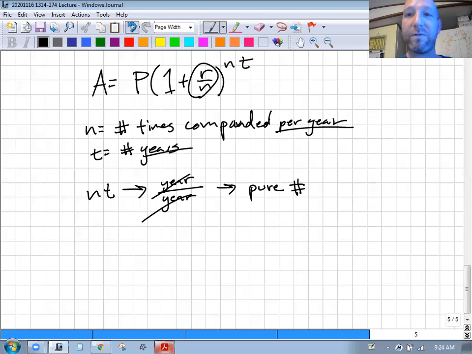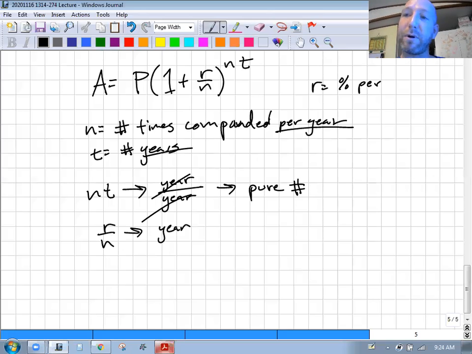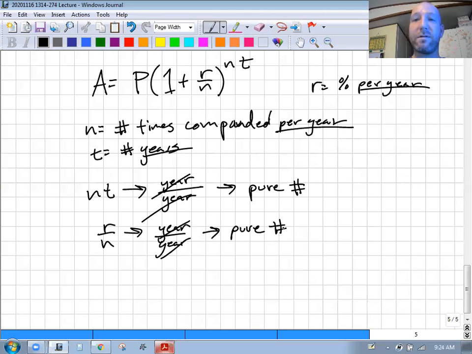Same thing with R over N. The per year on the bottom, the N, that would put the year on the top. But the rate is percent per year. So that per year puts a year on the bottom. Those cancel, and it's a pure number. So that's why the only unit that shows up on each side is dollars equals dollars. The units here cancel out, the units there cancel out.